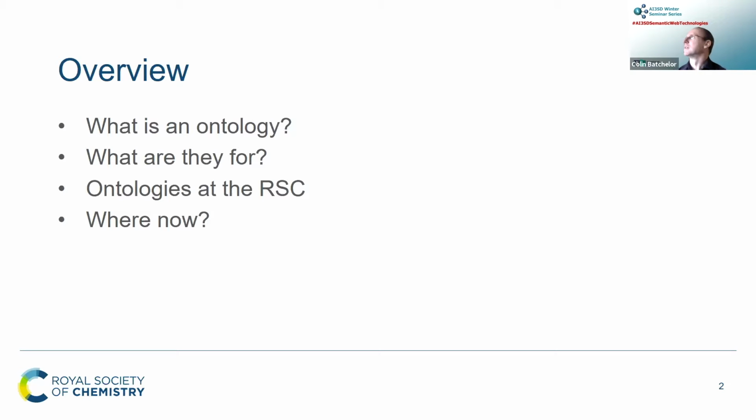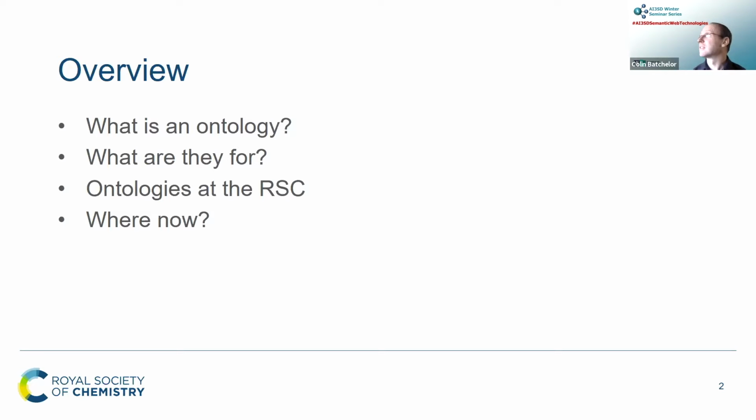I've given a fair few talks about ontologies over the years, and one feature of them is that they were often aimed at people who were really dealing with ontologies all of the time, so they were very familiar with them.